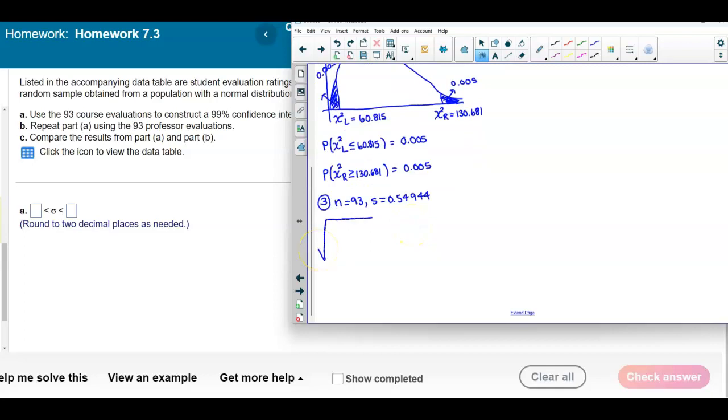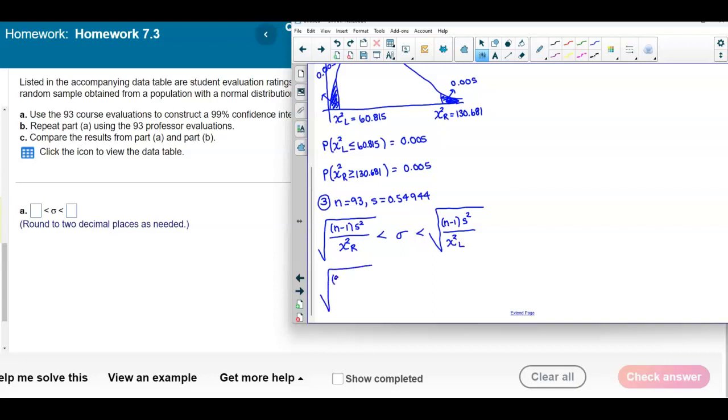Now we use our formula to find the confidence interval. Remember, the lower limit is the square root of n minus 1 times the sample standard deviation squared over the chi-square critical value on the right. And then the upper limit is n minus 1 times the sample standard deviation squared over the chi-square value on the left. So let's put that in there.